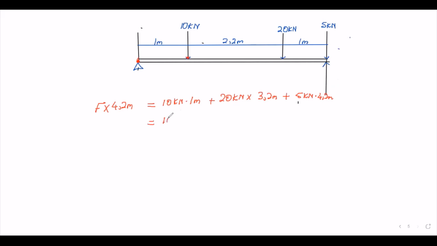This will be 10 kilonewton plus 20 times 3.2, which is 64 kilonewton meter, plus 5 times 4.2, which is 21 kilonewton meter.